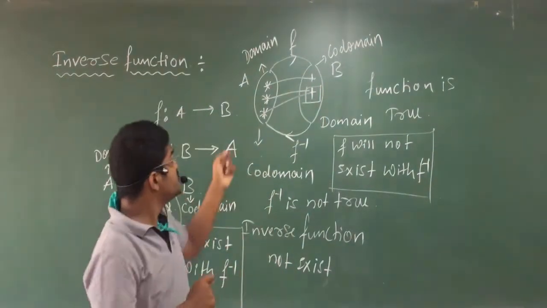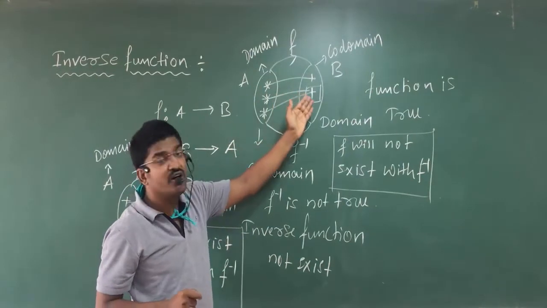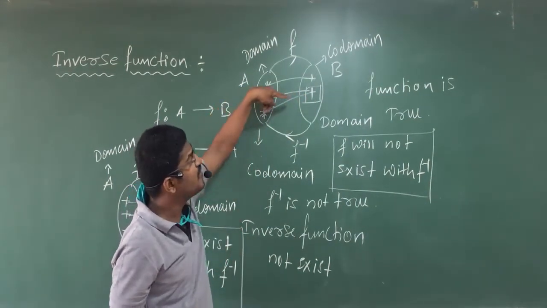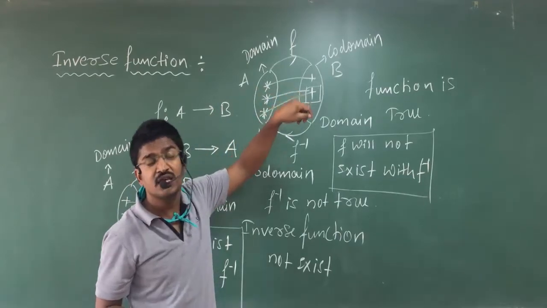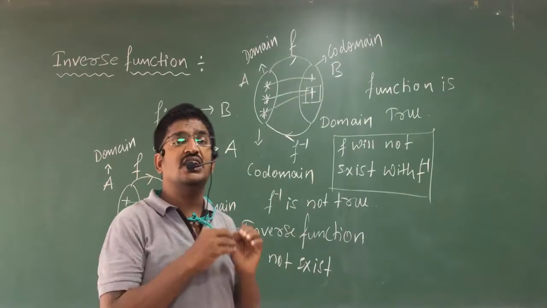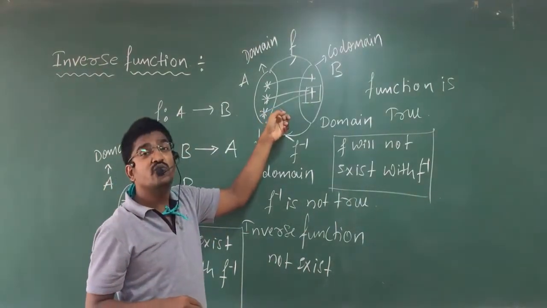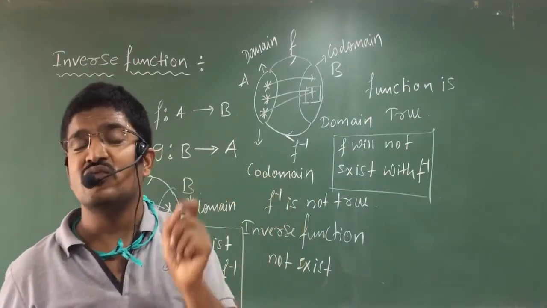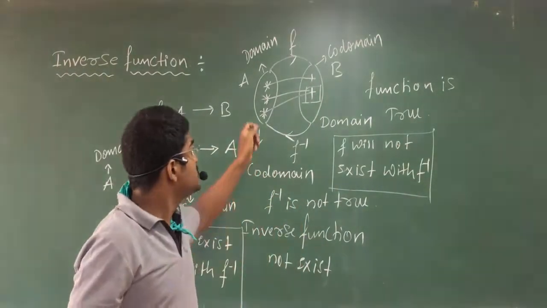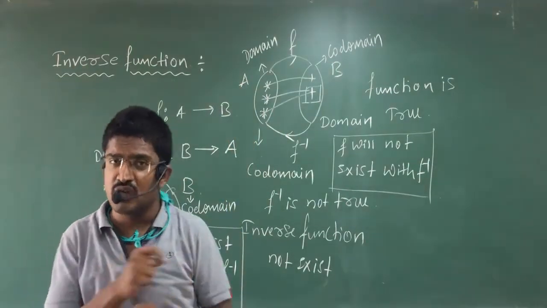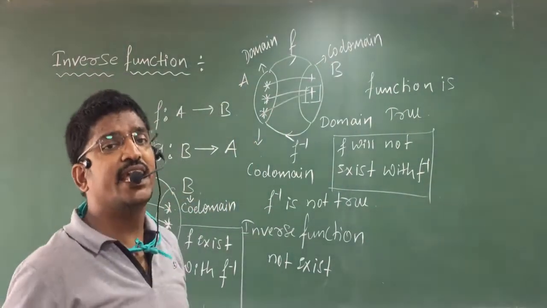But if you see here, this particular function is not 1-1 because these two elements have the same image. That means it is not distinct. Clear? So for that reason, it is not going to be 1-1. That's why it is not with inverse. That means this function will not exist with inverse. Are you clear?